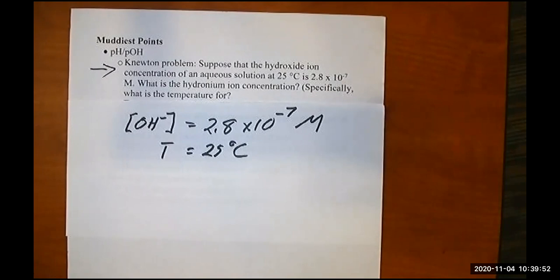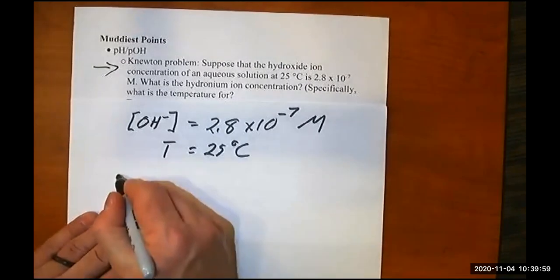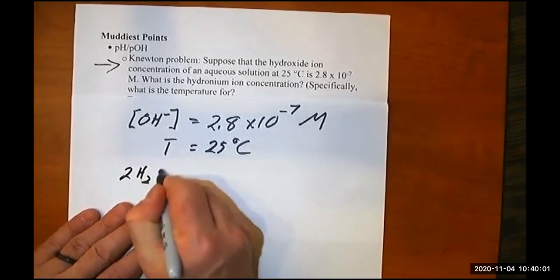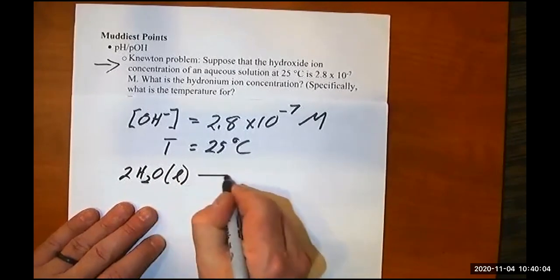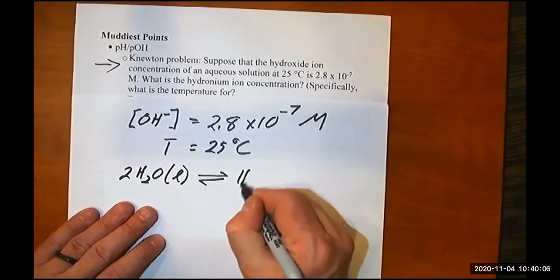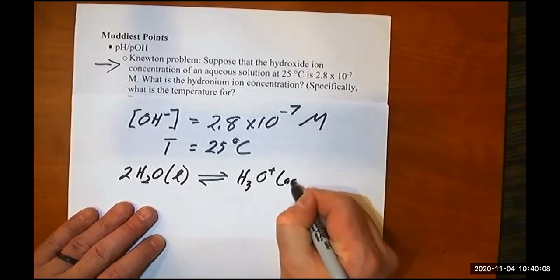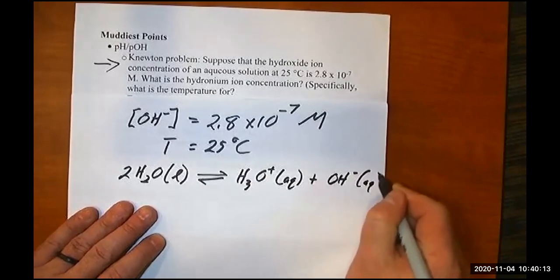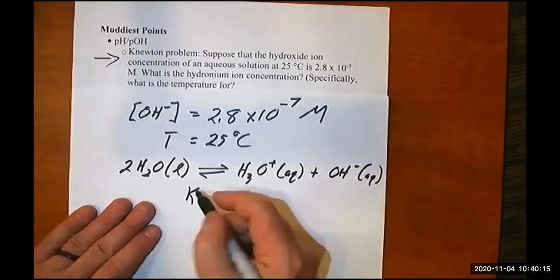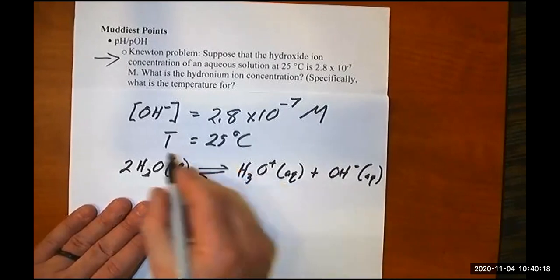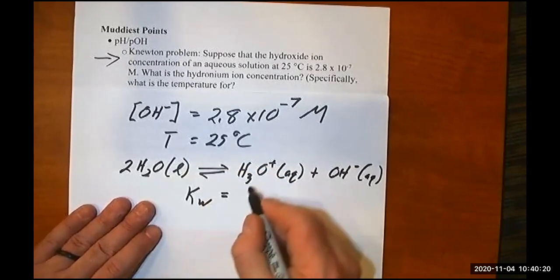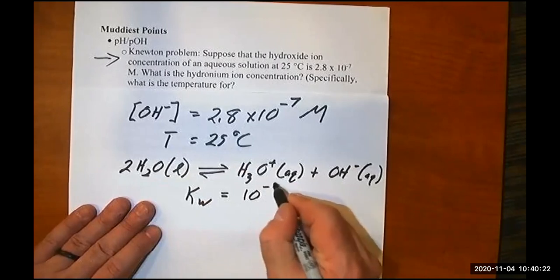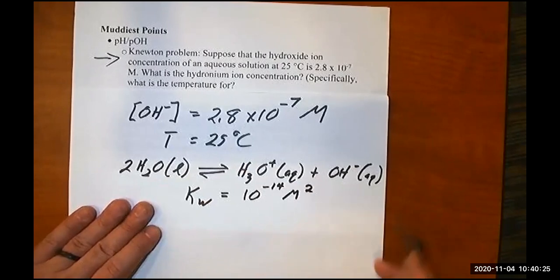Yes? That tells us Kw. That tells us Kw, that's right. So remember that the autoionization of water, which is this reaction here, has an equilibrium constant that we call Kw, and at 25 degrees C, that value for Kw is 10 to the minus 14 molar squared.